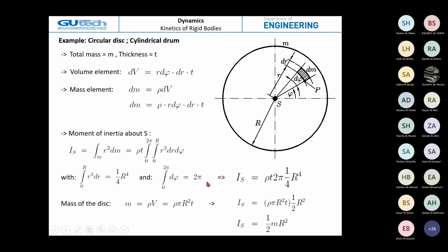If we replace everything here, we get the mass of the disk, rho multiplied by V, and now the moment of inertia is given at the center of it. It's very important where the point is when you are looking for the moment of inertia.